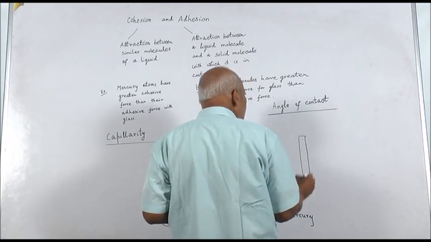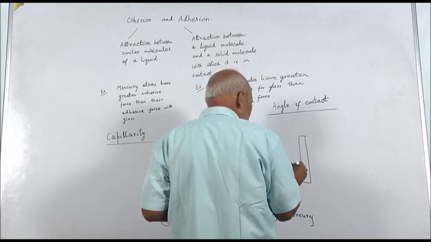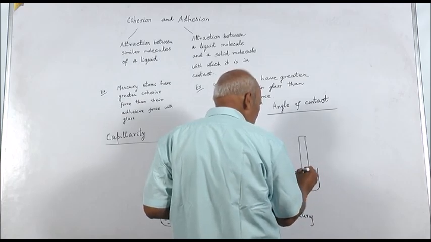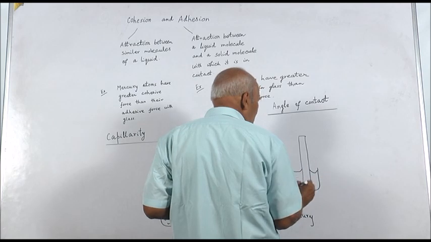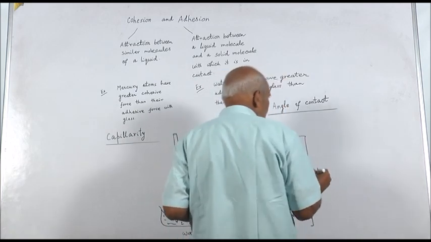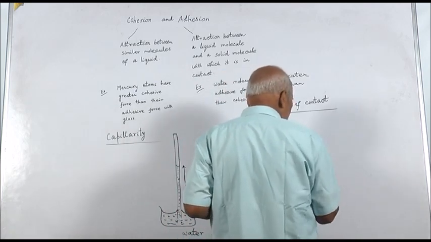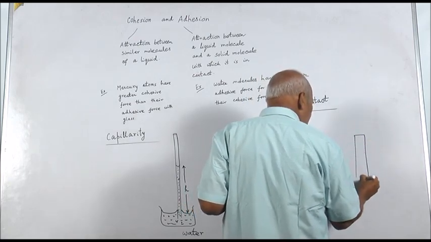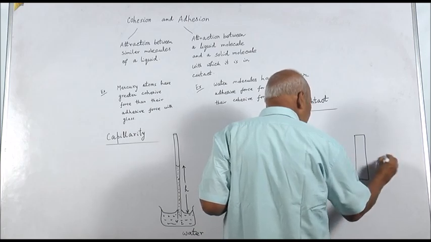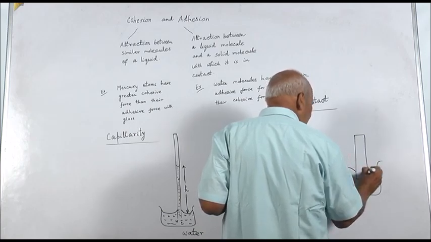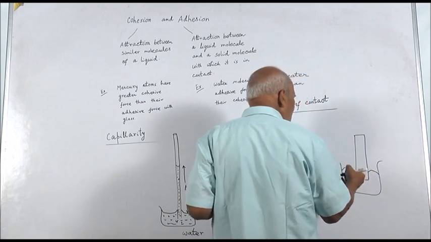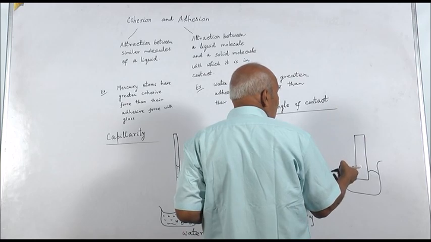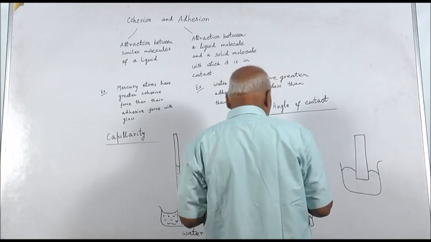It is like a long bar immersed in water, a type of liquid. Then the shape of water will be like this, and another bar placed in mercury, then the shape is like this. That is due to adhesion, and this is due to cohesion. Cohesion property is stronger, so adhesion is less.